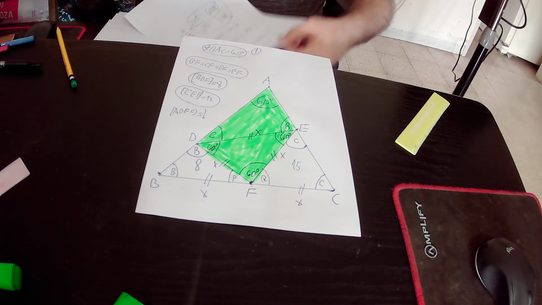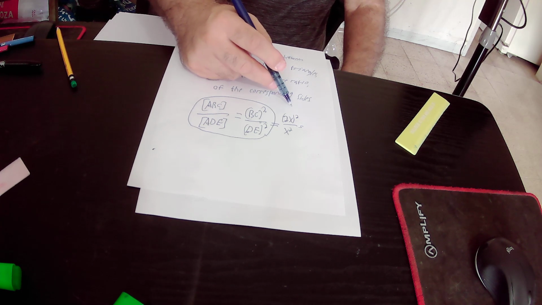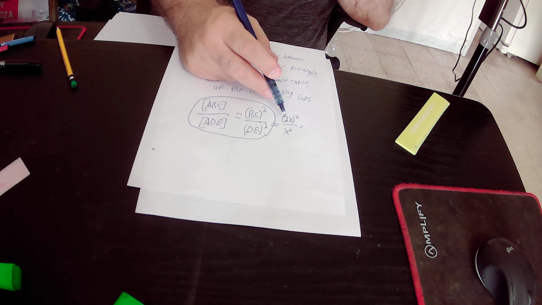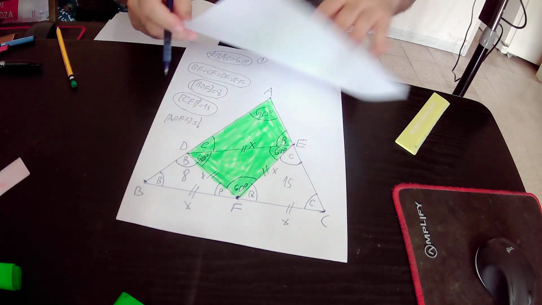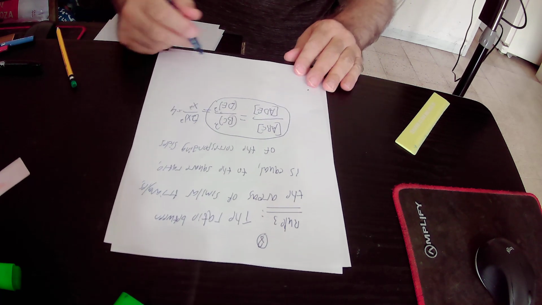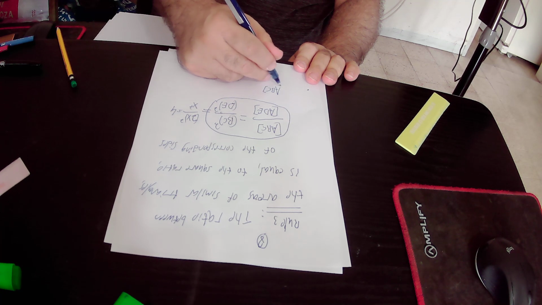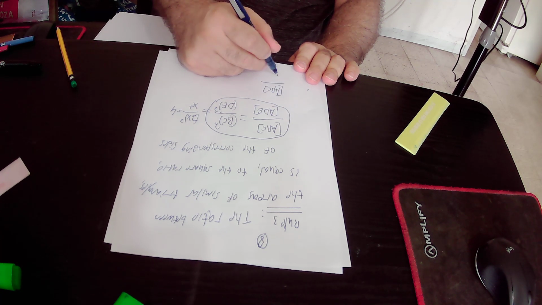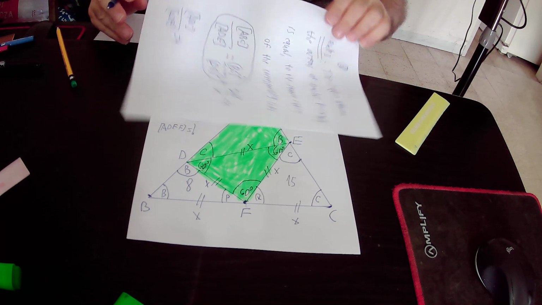So 2x squared is 4x squared, and 4x squared over x squared is equal to 4. So the area of triangle ABC over the area of triangle ADE equals 4. Okay?